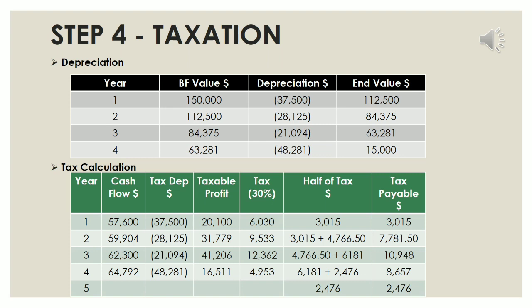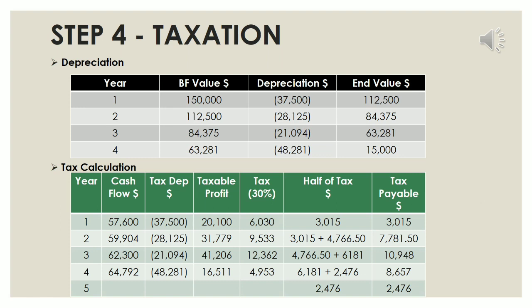In the process of tax calculation, as cash flow, we are going to take the inflationary cash flow, which we calculated in step 3. So here, for year 1, I have taken 57,600 as cash flow. From that 57,600, we are going to deduct 37,500, which is the tax depreciation we found.